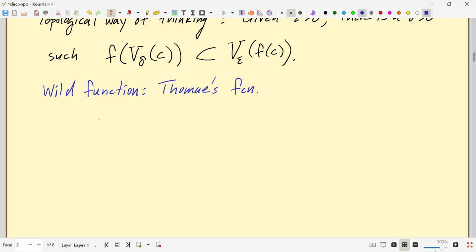Let's call it t of x. Let t of x be defined on [0, 1] into the real numbers.